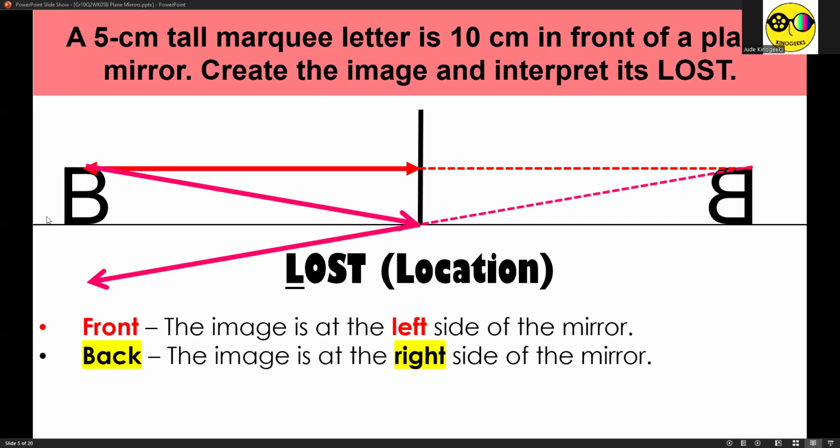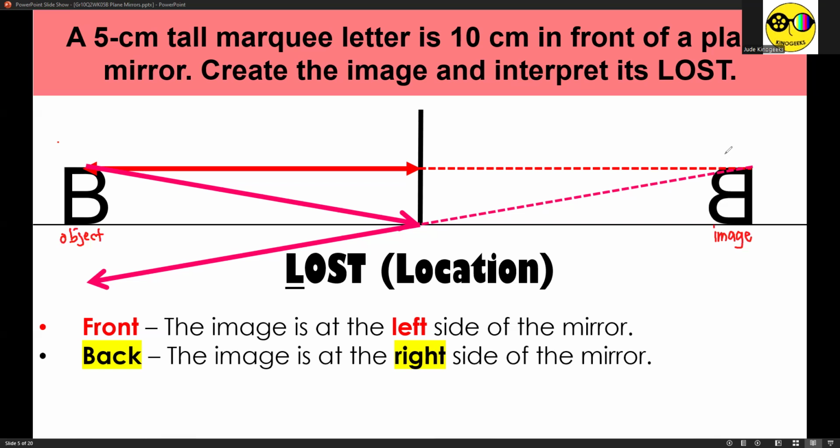Now, let's identify where the image actually is. When something is already given to you in print, that's the object. And when you have to perform ray diagramming and sketch the image using the point of intersection of the lines, that's the image.